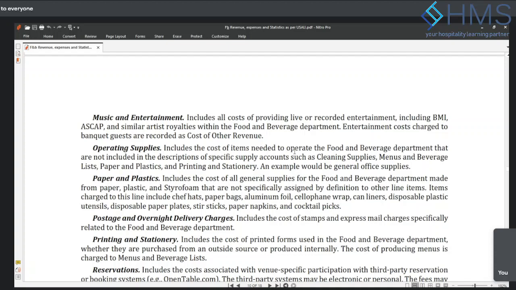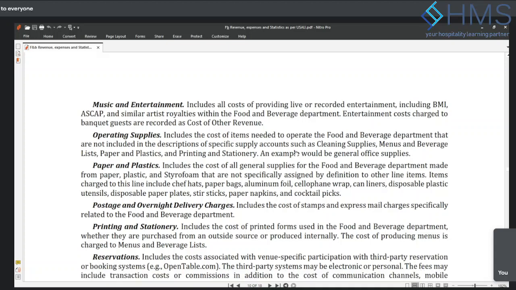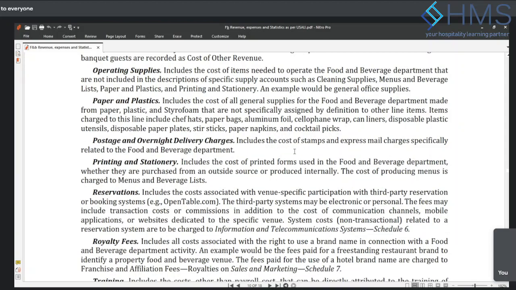So that cost will go here. Then you have printing and stationery, which is the printing and stationery for guests, right? So sometimes you give notepads, or you have your office supplies, they will go here. Reservations: sometimes you are paying a booking fee to a booking system for your table management system. Then the cost will go to this department.